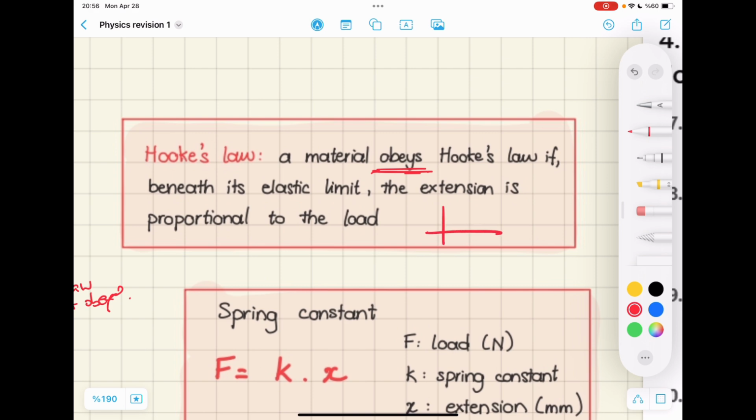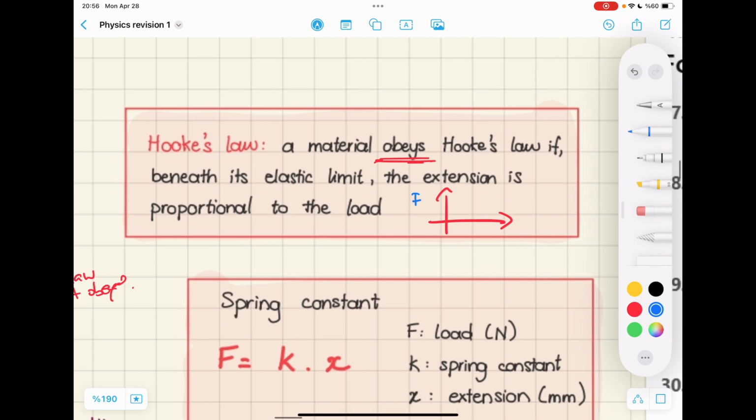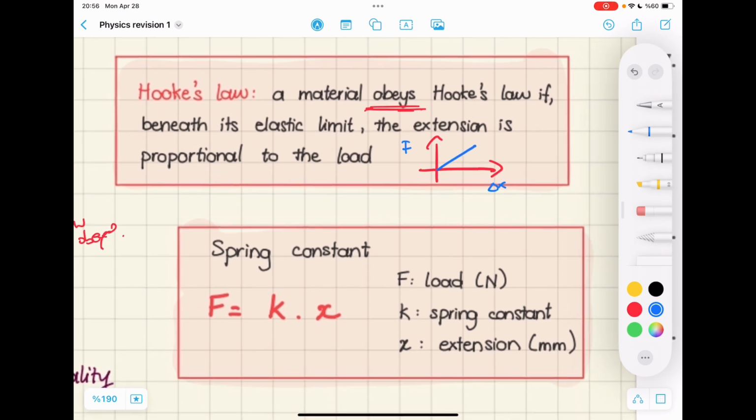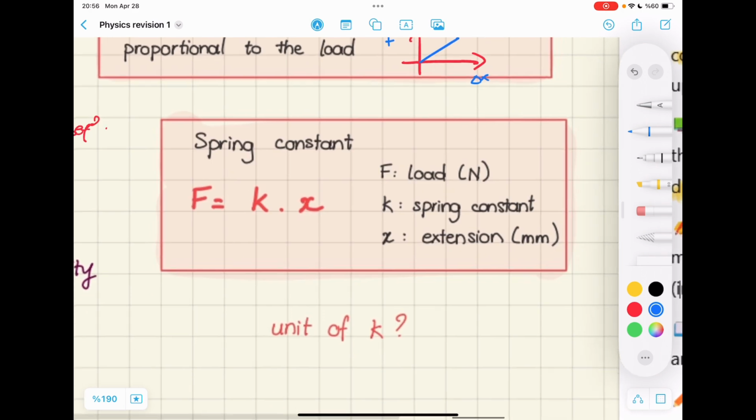So a graph of load and extension that has a straight line obeys it. If it has a curved line, it means that there is no obeying of Hooke's law after that point, okay? Spring constant is F equals kx. Extension is x. I like to say that it is delta x.